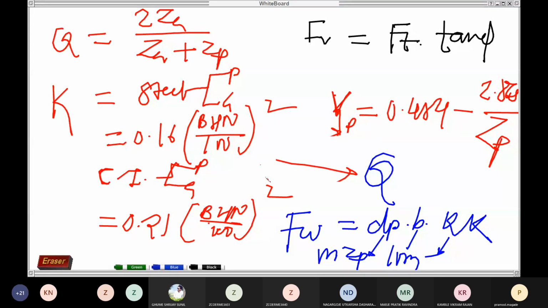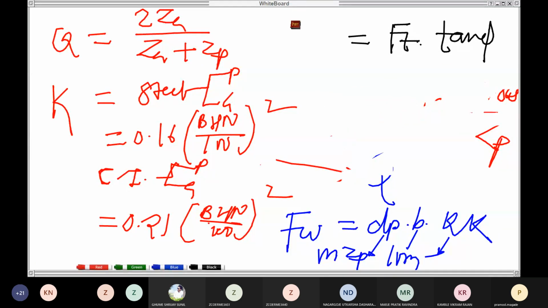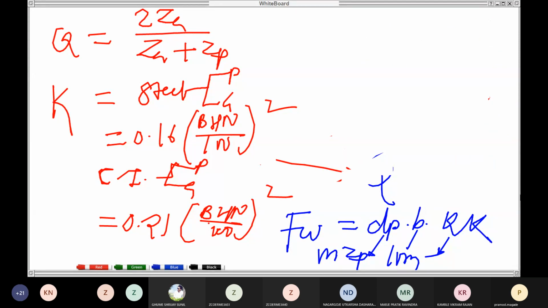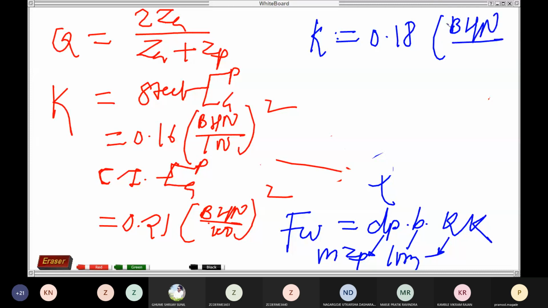And if it is a cast iron gear and steel pinion, then we take K equal to 0.18 times (BHN by 100) squared, hardness by 100 squared. Up to here we have seen K, and once we get this value, we get the wear strength.